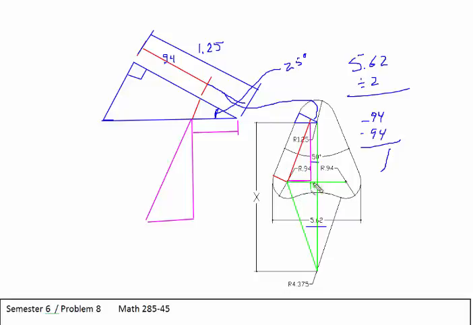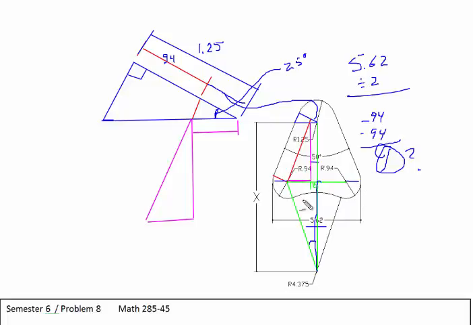When you solve for this distance here, you know you've got 25 degrees inside here. All right, so if you've got 25 degrees inside here, you can solve for this leg from here up to here, because you know what this distance here is. That's going to be whatever you came up with here. All right, so you took 5 inches, 620 divided by 2, minus 940. That's this distance here, minus 940.